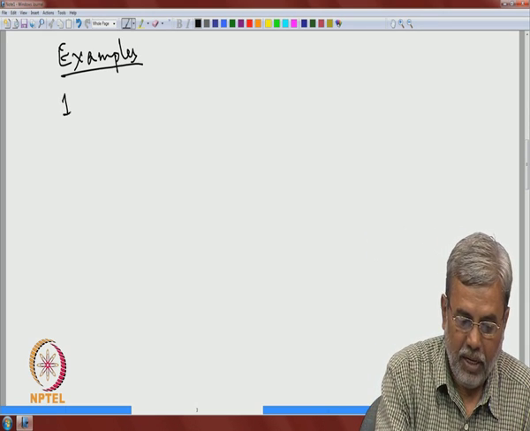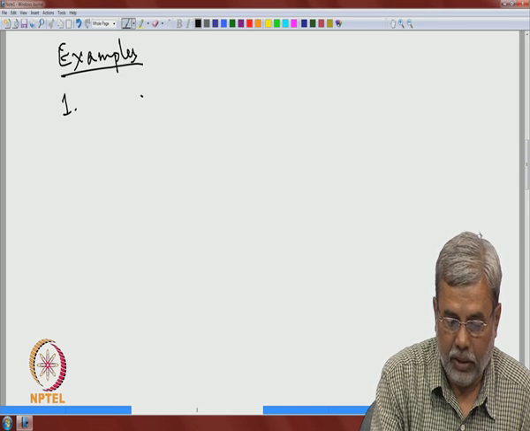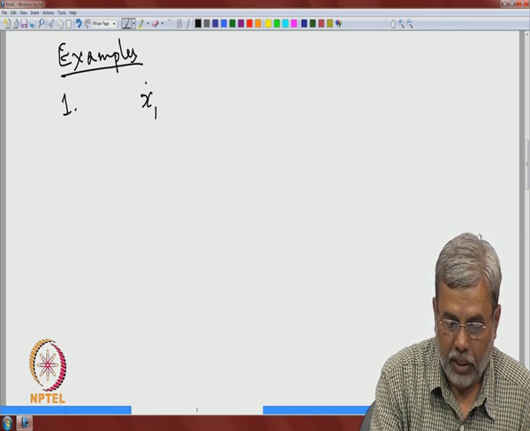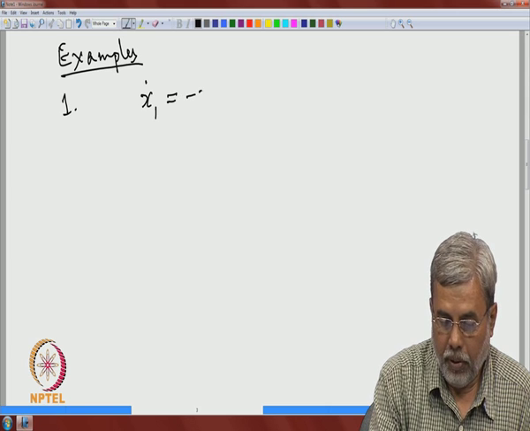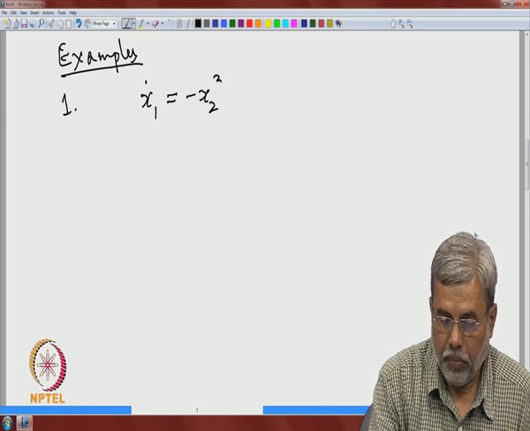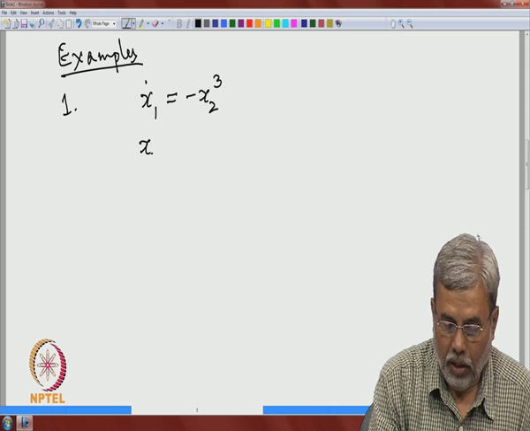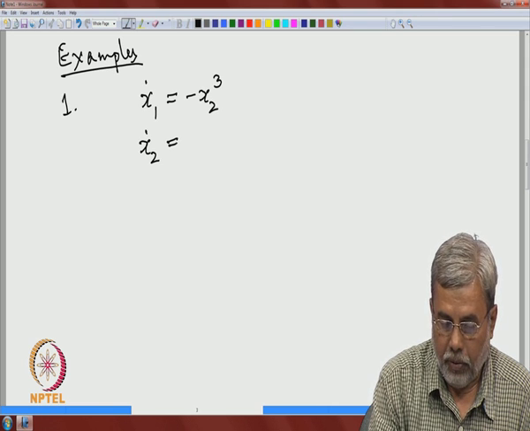The first example: consider this 2D system, x1 dot equals minus x2 cube and x2 dot equals x1 cube.